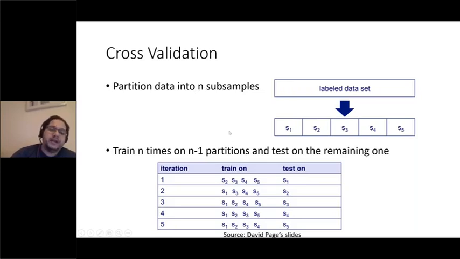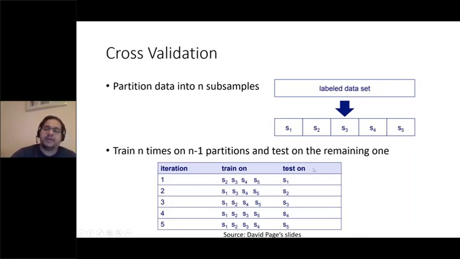And then we train the models. We train n times on n minus 1 partitions and test on the remaining one, which means that we take one of them out in each step. In the beginning, we take S1 out. We train on this, and we test on this.